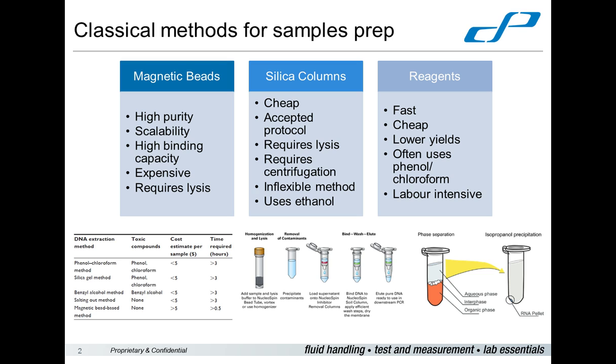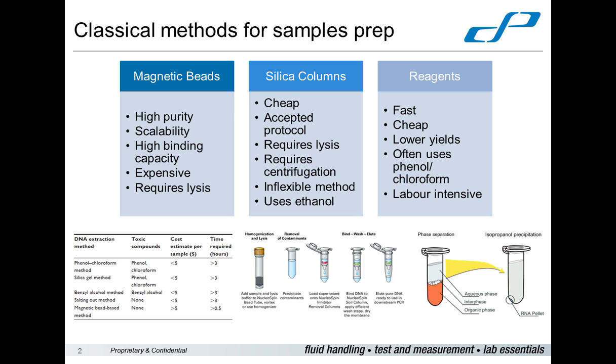That coating will adhere to DNA or will attract nucleotides towards it, and then by pulling the beads to the side, you exchange the buffers that those beads are in and wash the DNA. You get a high purity return. It's a very scalable system, because you can do really large volumes, or you can do plates, you can do automation, whatever it is you want to do. There are high binding capacities to those beads, but the downsides are that you still require some lysis, and it's a rather expensive system to first get into.